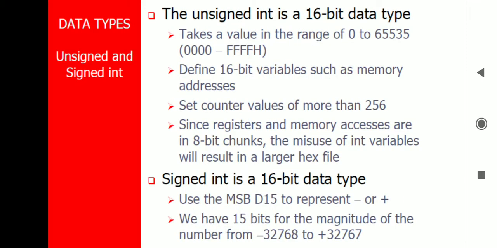Then the next data type is integer, so it is unsigned integer and signed integer. The unsigned integer is a 16-bit data type. So we can have a range from 0 to 65,535, or in hex 0000 to FFFFH. It is used to define 16-bit variables such as memory addresses, or to set a counter value of more than 256.